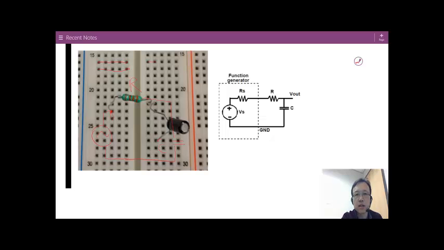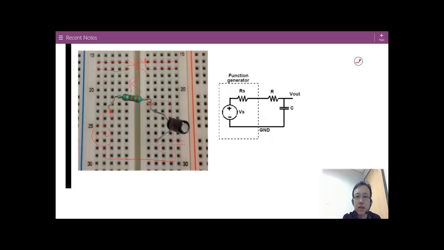And on this side, these dots are connected together, and all 5 holes are connected together. And then in between there's a gap, so they are not connected together, and that's why we put a resistor here. So these two are not connected together. If you put these two in here, that means you're shorting the resistance.